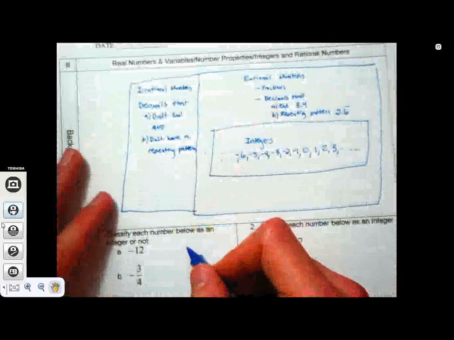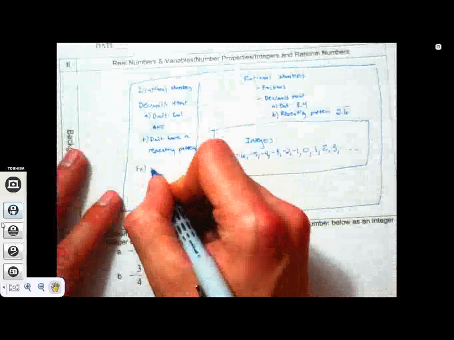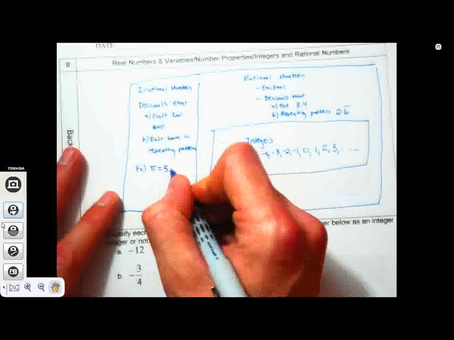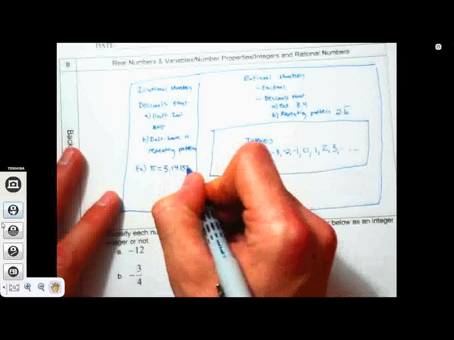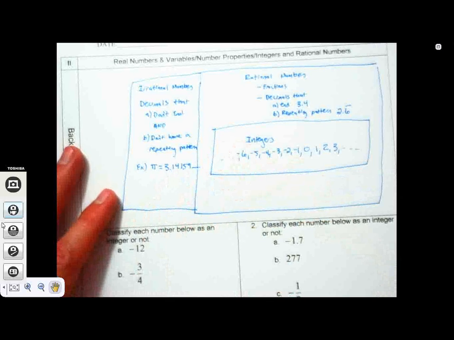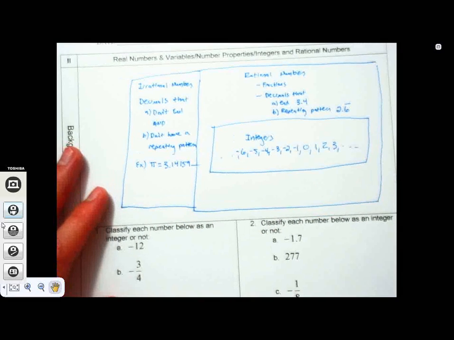So, for example, the number pi is irrational. Pi is 3.14159, blah, blah, blah. Goes on forever. It has no repeating pattern, so it's irrational.